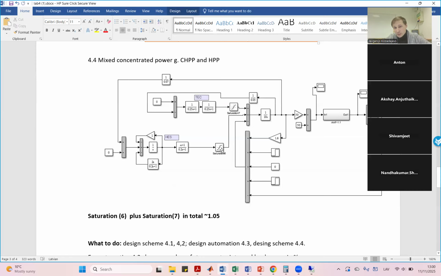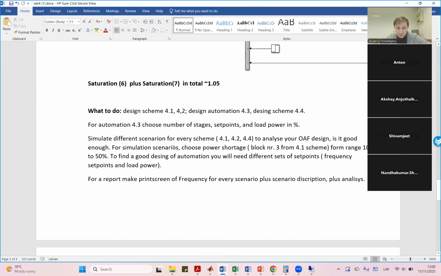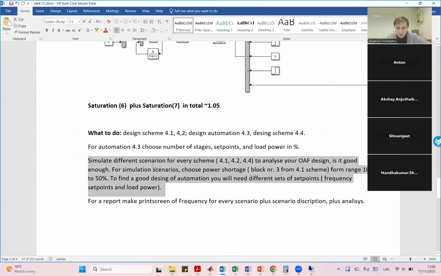So these saturation blocks could do this. In a very simple way, we could say 50-50, so half CHPPs, half hydropower. This is described here.